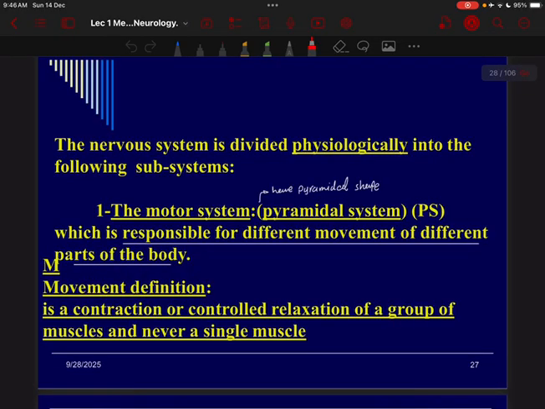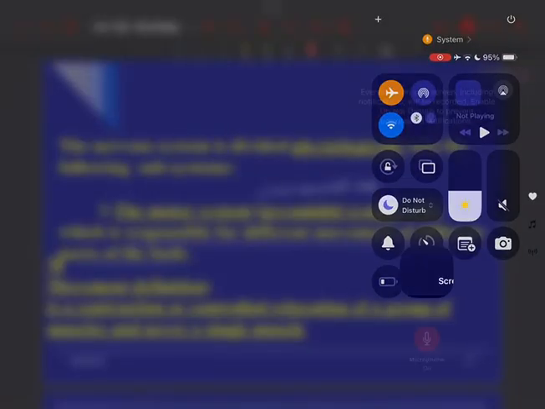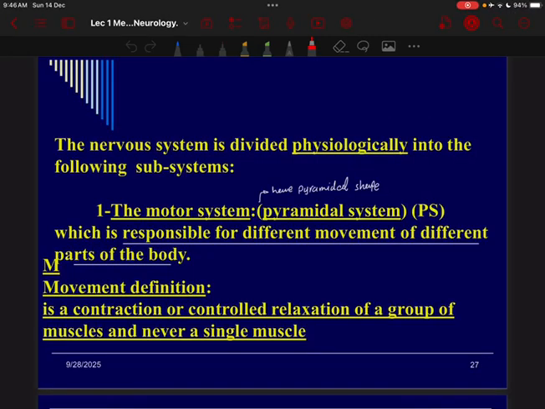Now, we mentioned that the nervous system has many functions through subsystems, and one of these functions is the motor function, which is an essential function. We move our upper limbs, lower limbs, we walk, we do things by motor actions, and the motor action is through the motor system.